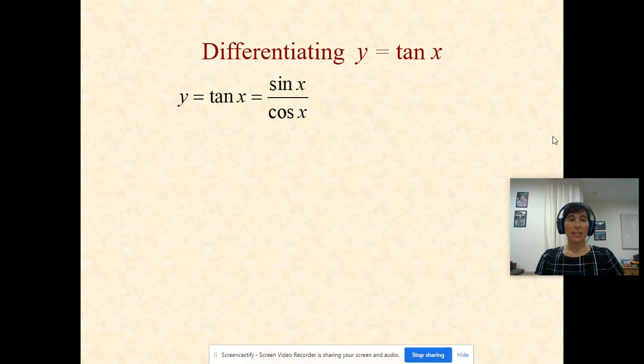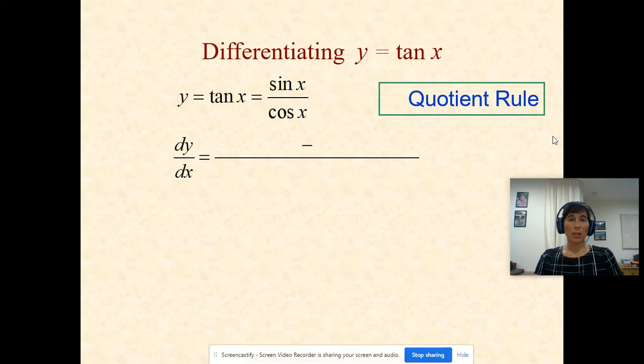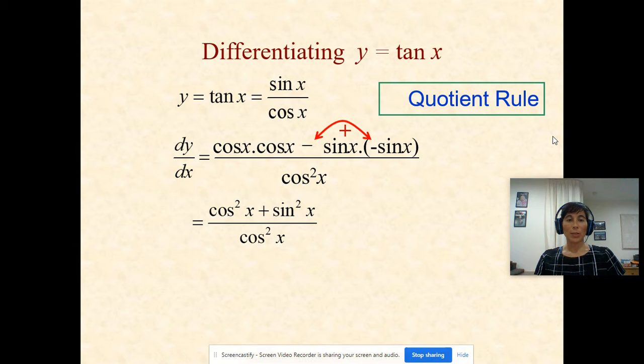Differentiating y equals tan x, we can break it down to sine x over cos x. That means we could use the quotient rule. So just using our quotient rule, which we're already familiar with, what we should find there when we go through that, so we've got f dashed of g minus g dashed of f on the top line and g squared on the bottom line.